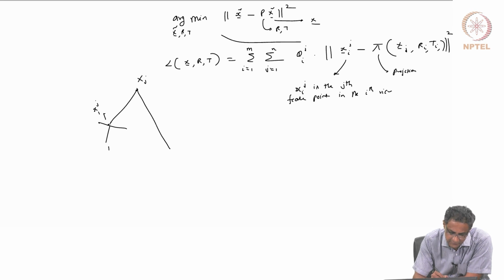The way I've drawn it is not very correct, I should be drawing it like this. So this is my x1j, and here is where my other camera center is. Then this is my second view, so this is x2j.